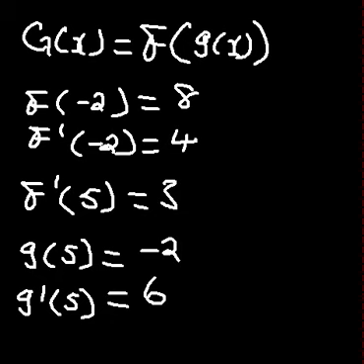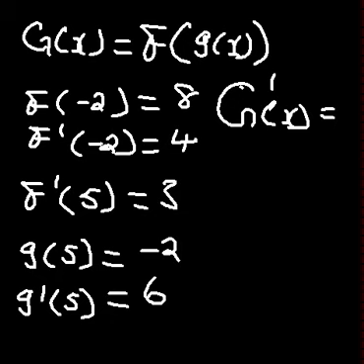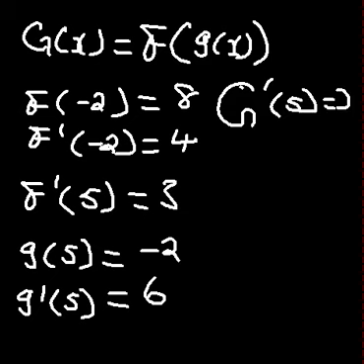Now the question asks: what is the value of g of x prime of the function, that is g prime of 5? So what is the value of that one?